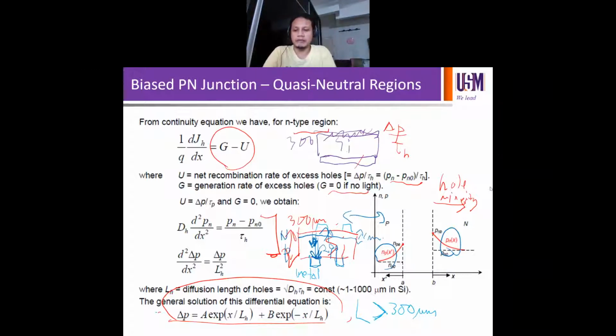Right, the answer is correct, Faika. We can also have a junction at the back. Later we will look at this in semiconductor devices. When you want to design a PN junction, it's very, very flexible. So you can either have your junction on the front side, or you can also have your junction at the back. You can also have a PIN junction, just like your test one question, right?